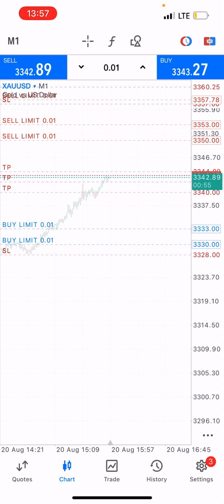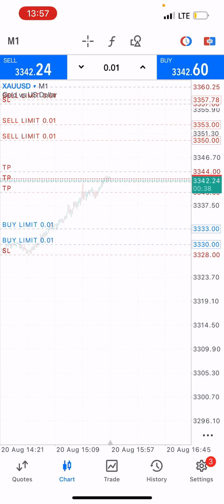So now remember I said in sell orders, right? The higher the number, the lower the risk, the higher the profit. The lower the number, the higher the risk, the lower the profit.